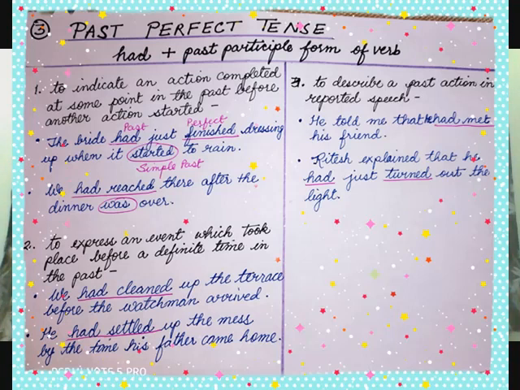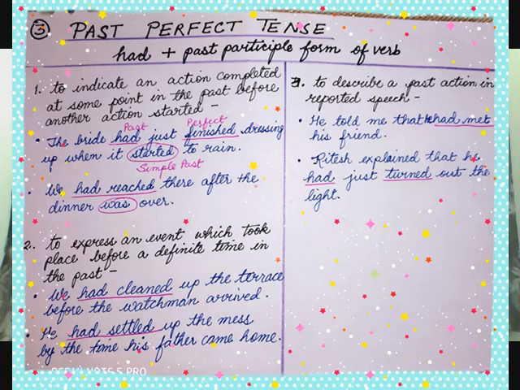First one is, the bride had just finished dressing up when it started to rain. From the formula you can see it is had plus third form of verb. So here we have had plus finished. Finish is made with finish plus ed. Had finished is your past perfect, whereas started is simple past.